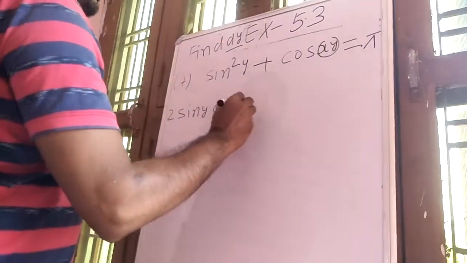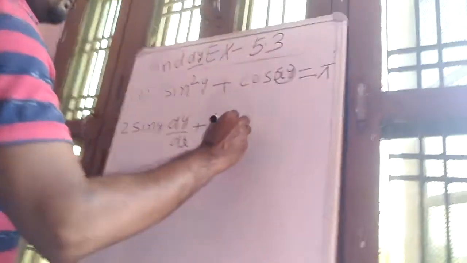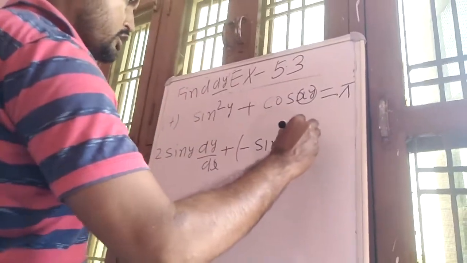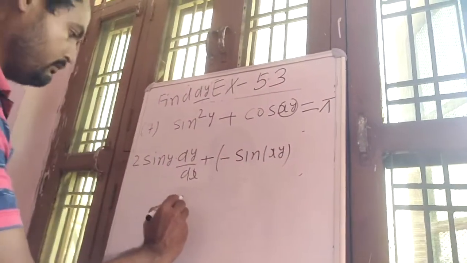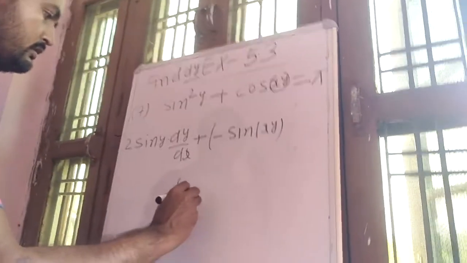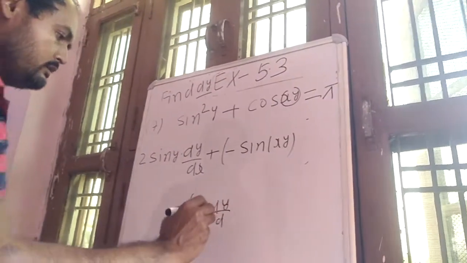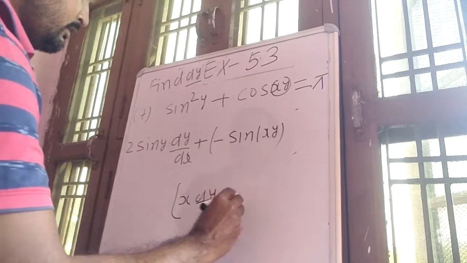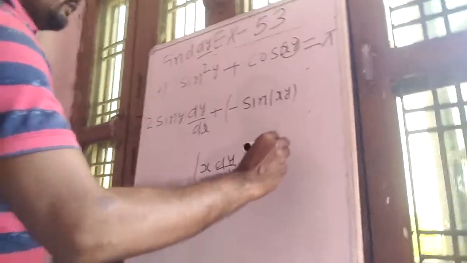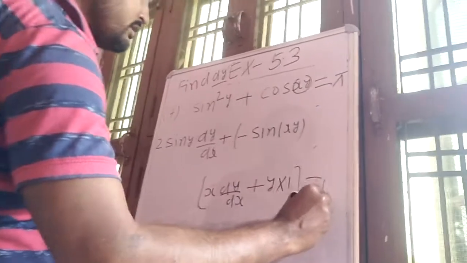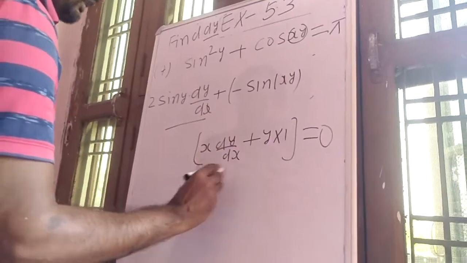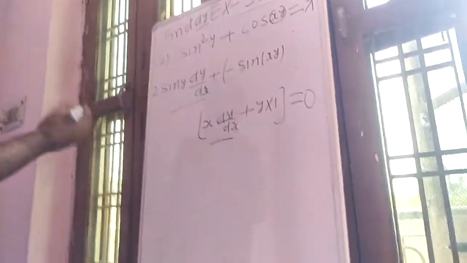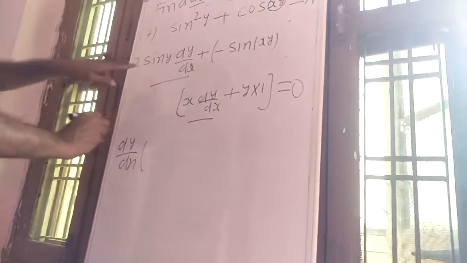First term is clear, second term is minus sin xy into x, this is multiplication form, so this is x into dy by dx plus y into 1, and pi is constant, this is equal to 0. We also have this half and this half with dy by dx, so we have to take dy by dx common.